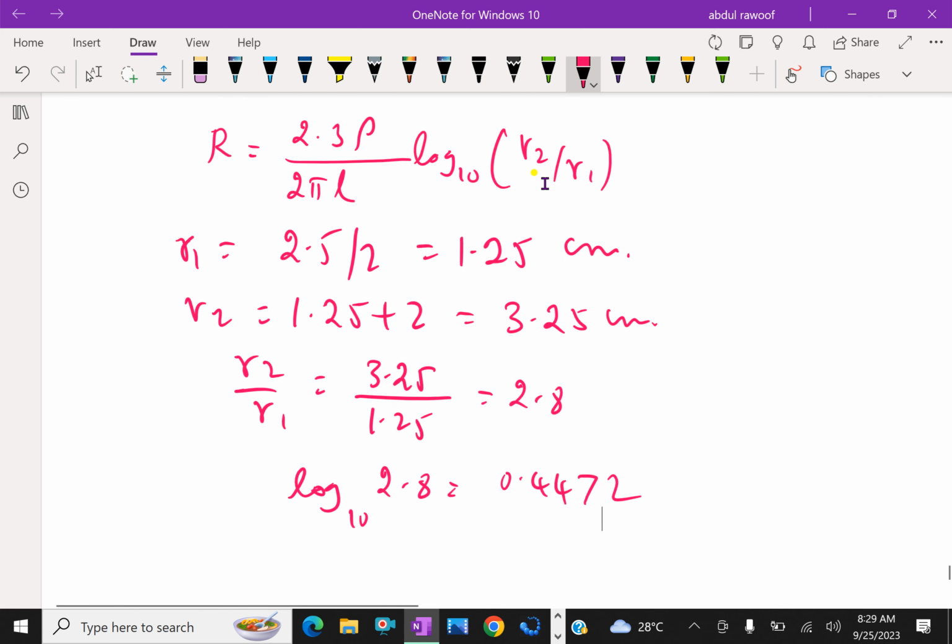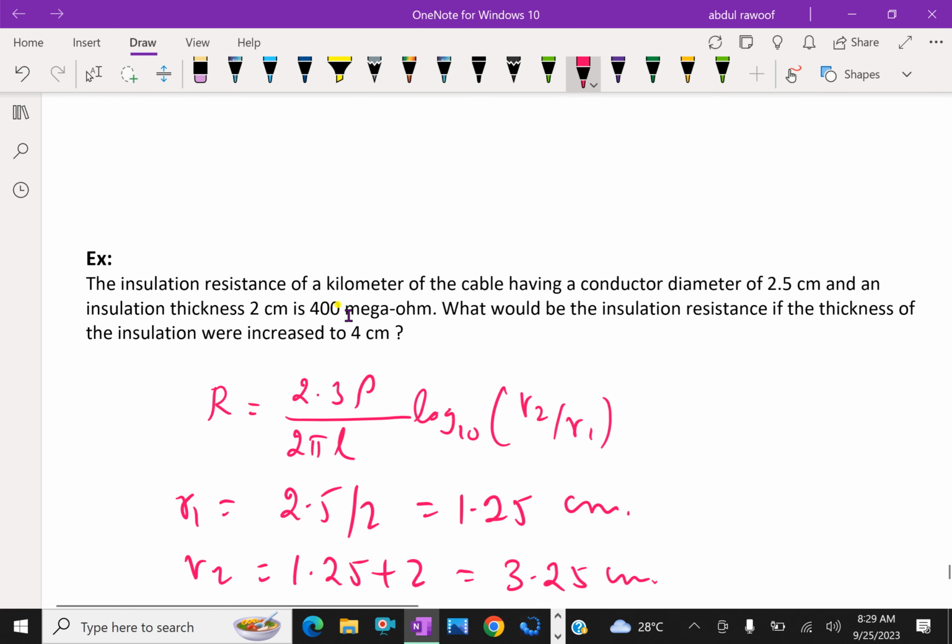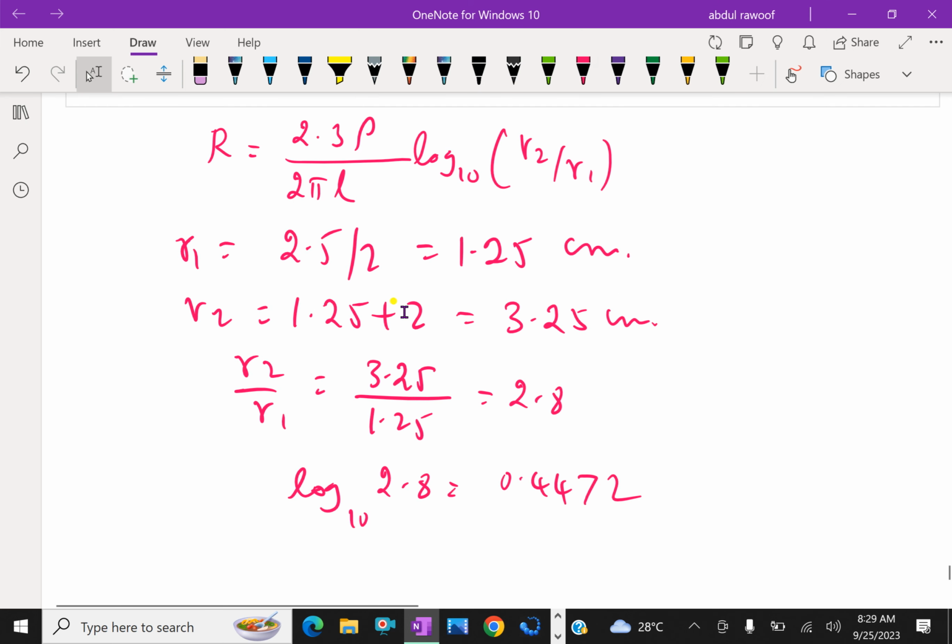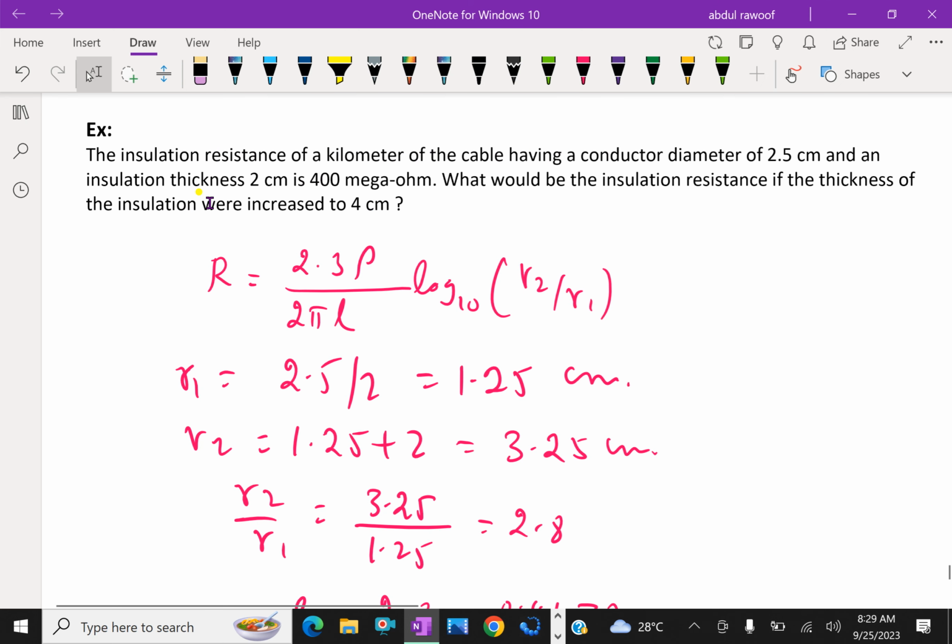Then the insulation resistance is given as 400 mega ohm for this insulation thickness.